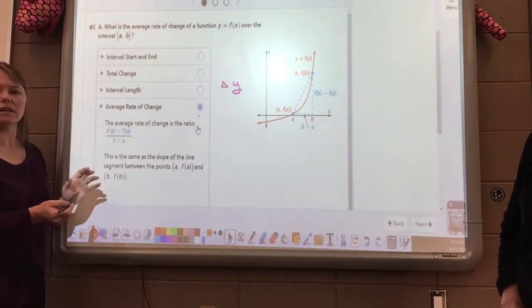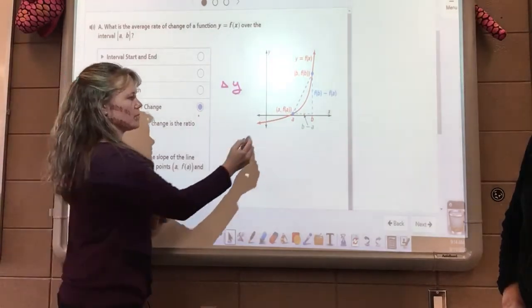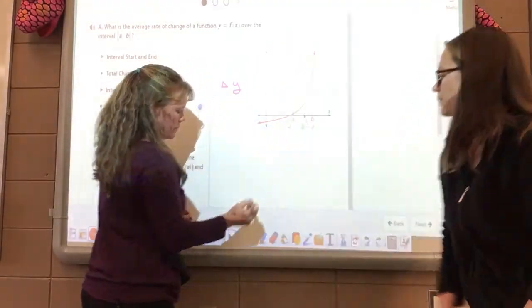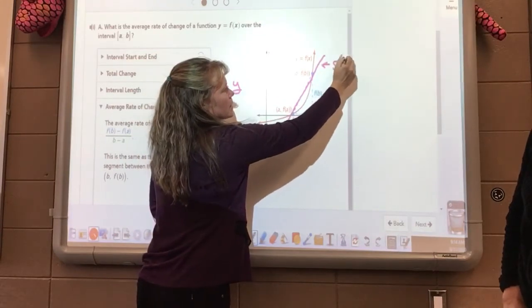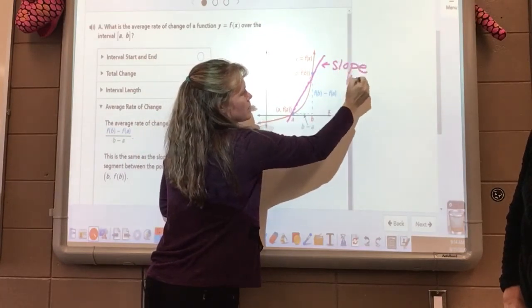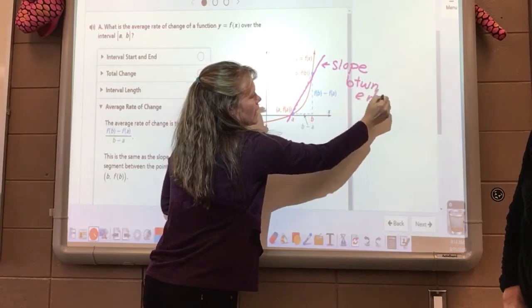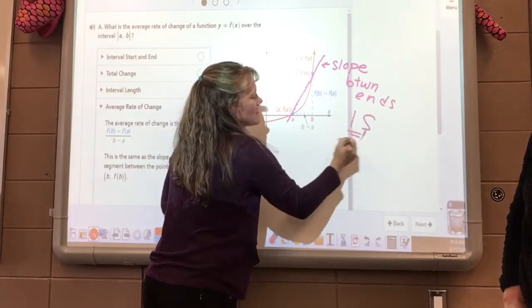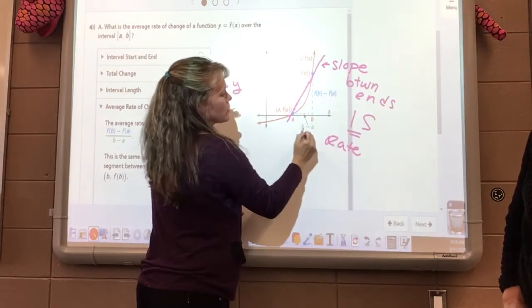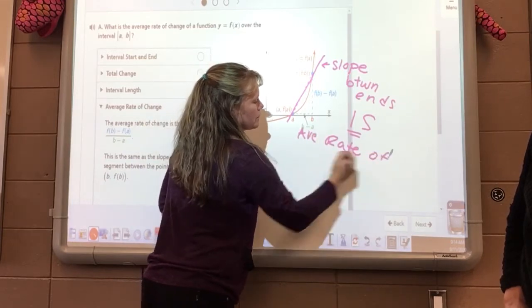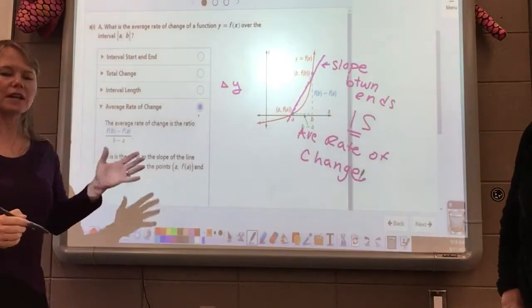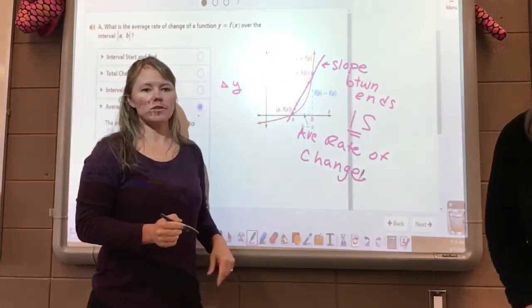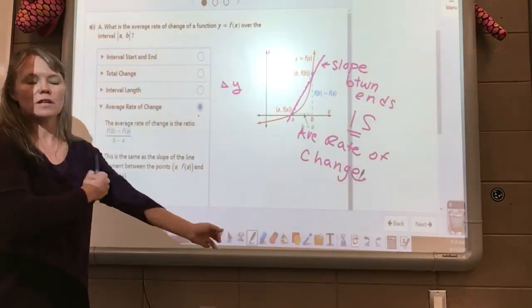So it's literally the slope between endpoints. Slope between ends is the average rate of change. That's worth writing down somewhere, because honestly, every single person can find slope if you're in Algebra 2, and that's all you have to do is find the slope.